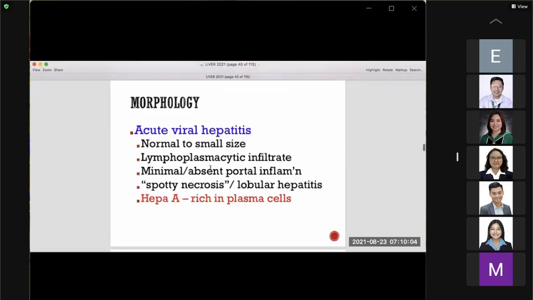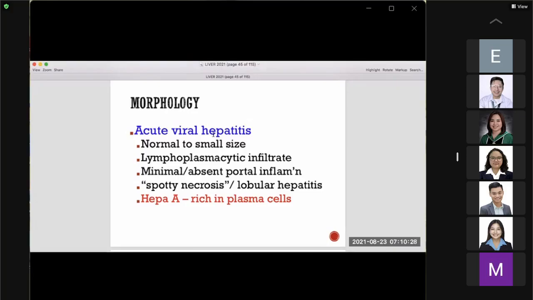Morphology wise, if you look at the liver having viral hepatitis, we get to see in acute viral hepatitis, the liver can have normal size or it might be small. Microscopically, there is presence of lymphoplasmacytic infiltration.